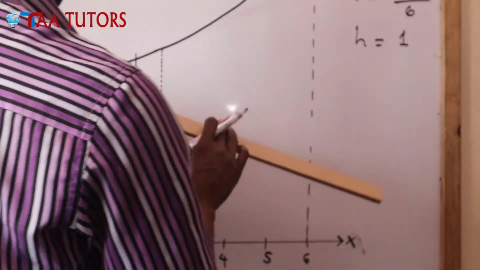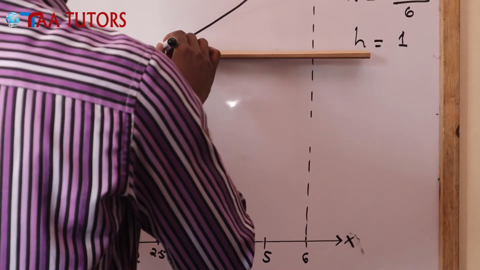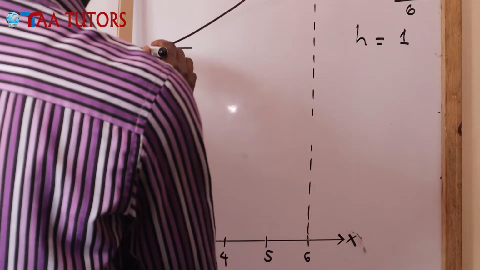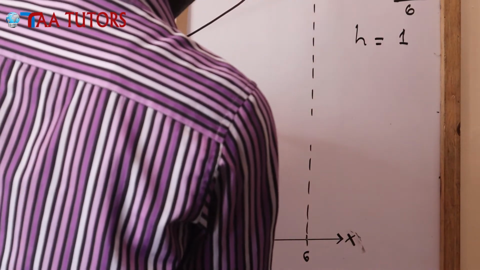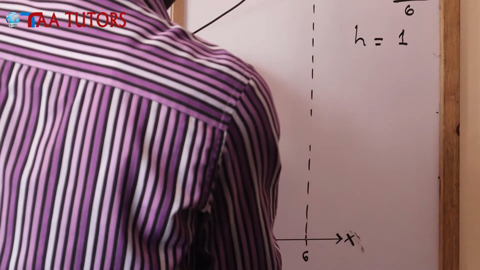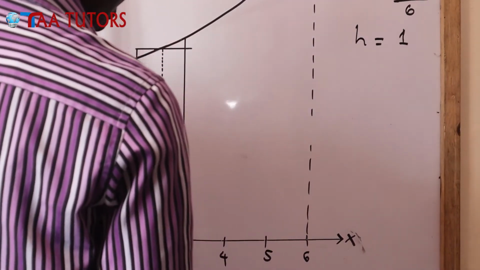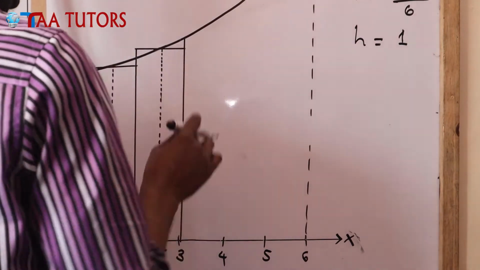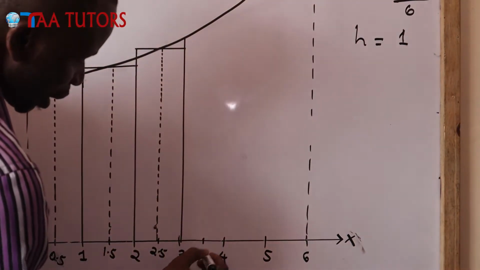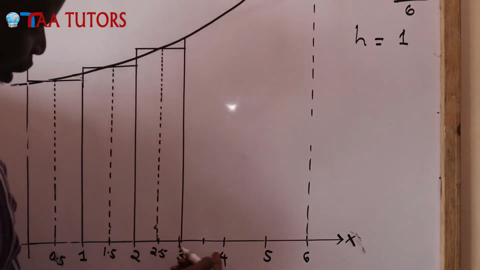So when I have it like that, I will draw a horizontal line exactly at that point, and then I extend this line here to that particular point.